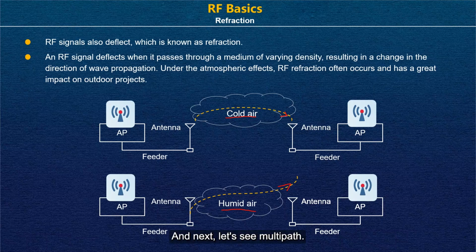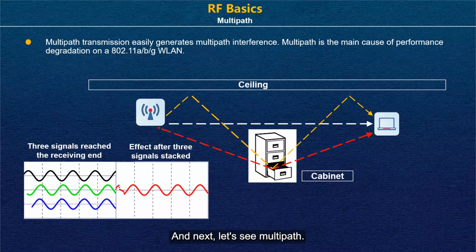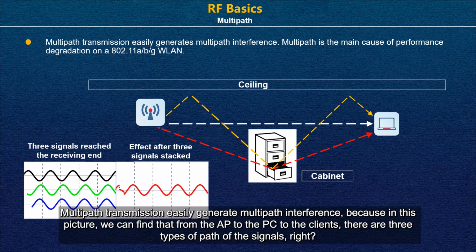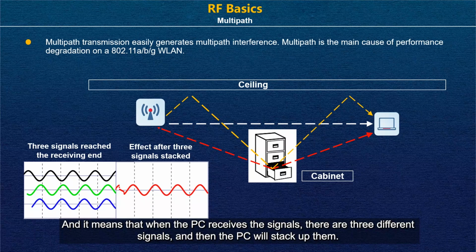And next, let's see multipath. Multipath transmission easily generates multipath interference, because in this picture we can find that from the AP to the client, there are actually three paths of the signals, right? It means that when the PC receives the signals, there are three different signals, right?